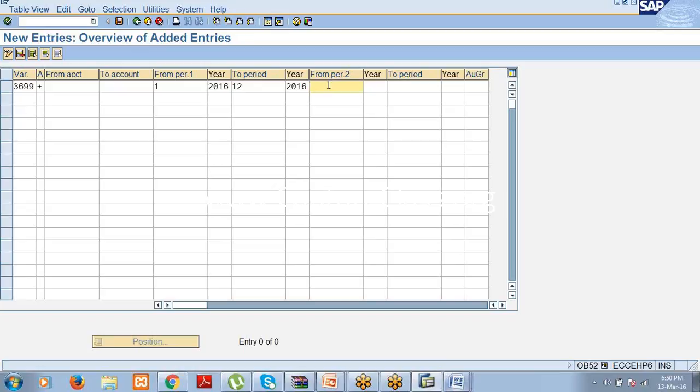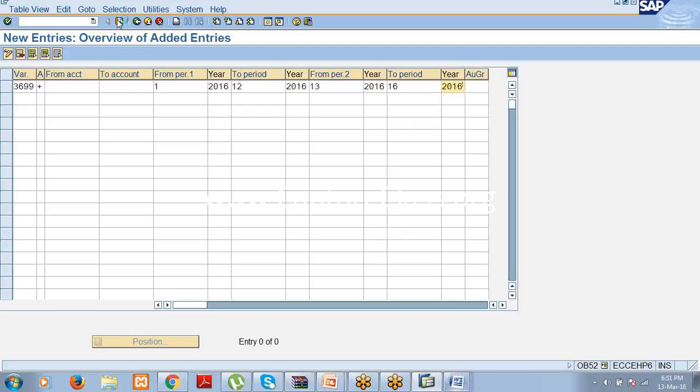Now we have to open the special periods, right? So from period is equal to 13, year is equal to 2016, to period is equal to 16, year is equal to 2016.